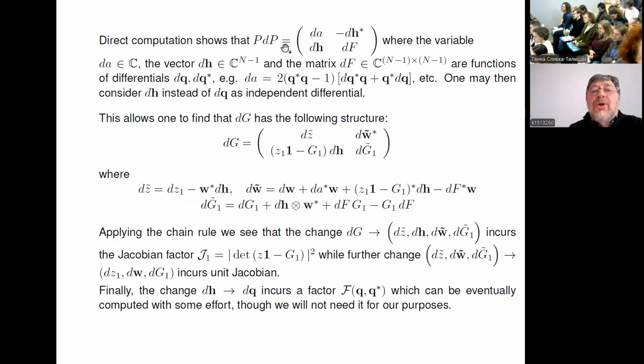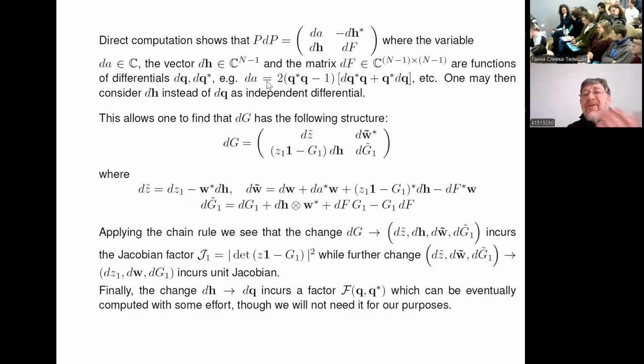And then one explicitly shows that P dP has the following form. It's just differentials of some complex variable, a complex valued vector here, and here is a vector of matrix differentials. All these entries can be explicitly calculated as functions of the variables which we just introduced.